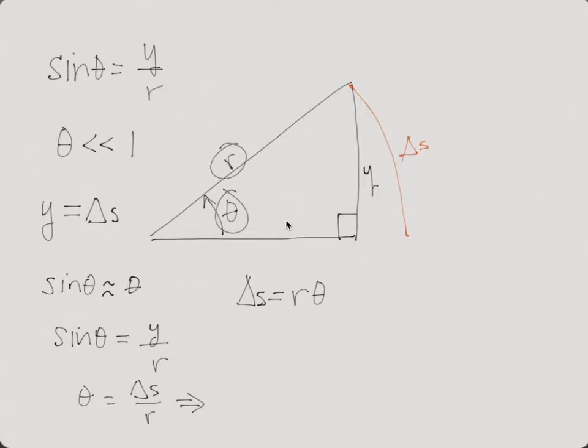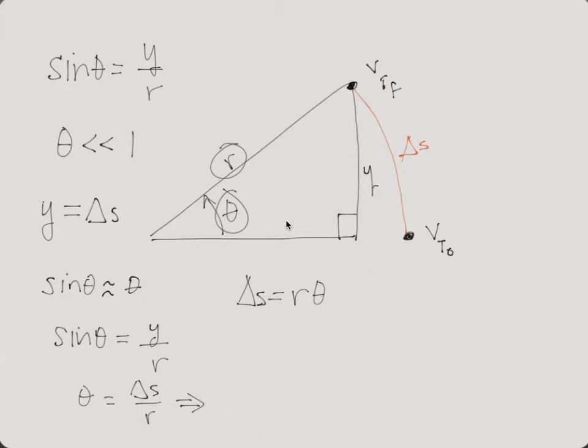Now, if we look at the velocity along this arc length, we're going to have two different velocities. We have an initial velocity here, and since it's an arc length, it's a tangential velocity. So I would just say our initial tangential velocity here, and then we're going to have our final tangential velocity here.